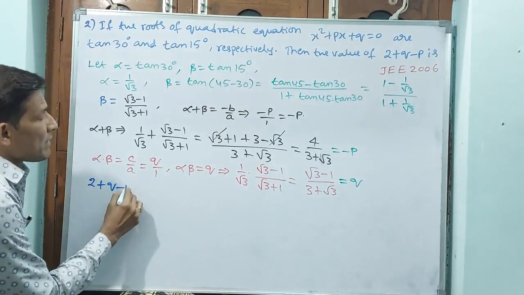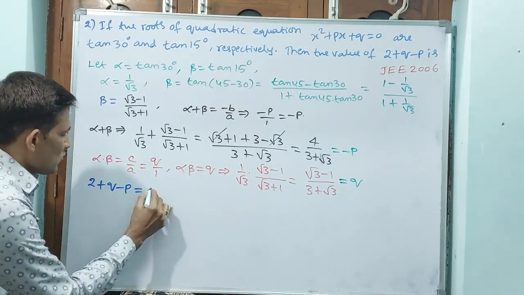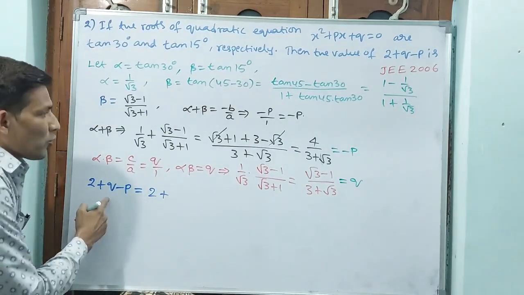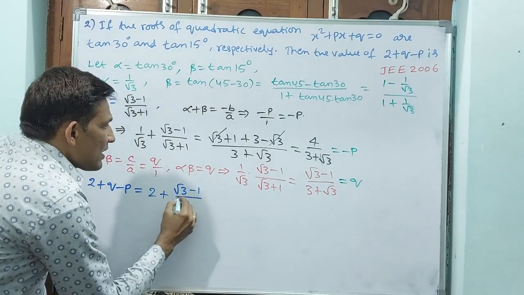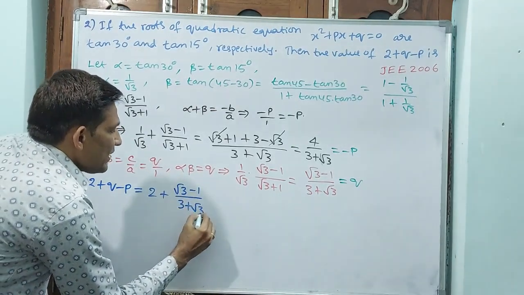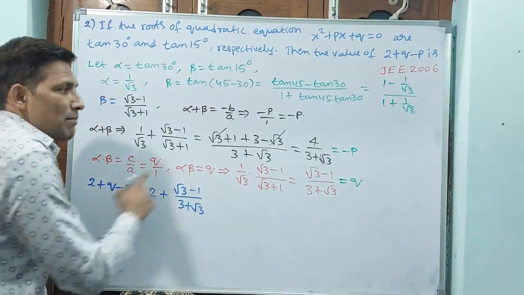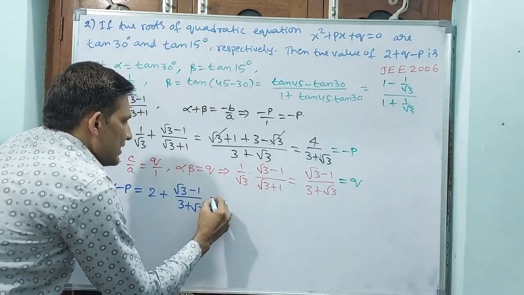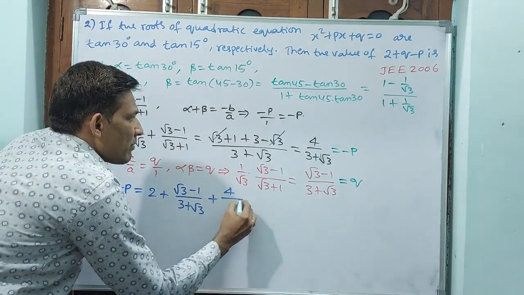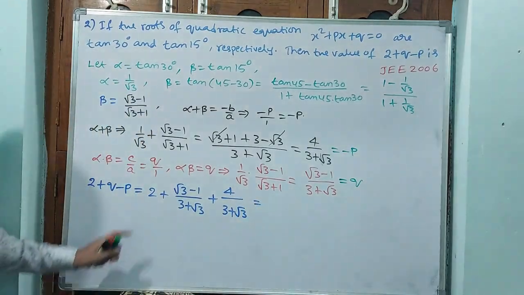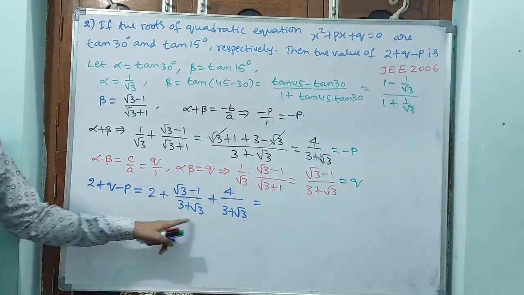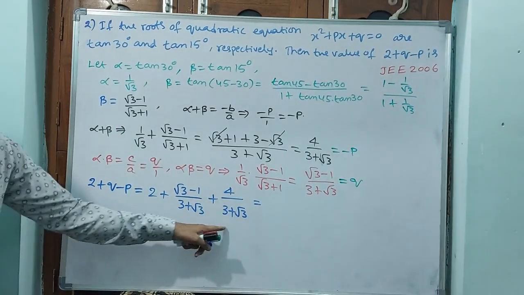2 plus q minus p is equal to 2 is 2 only, plus q is how much? q is this one, root 3 minus 1 by 3 plus root 3, minus p. Minus p directly is there. Write down directly. That means plus you have to write 4 by 3 plus root 3. That is equal to, you see, temporarily hold this, but two denominators are same, like LCM.